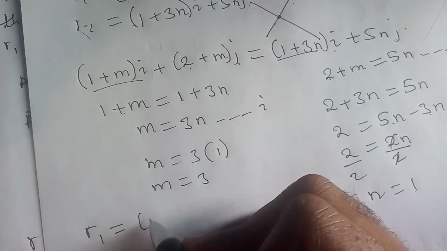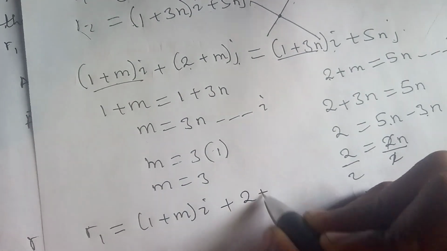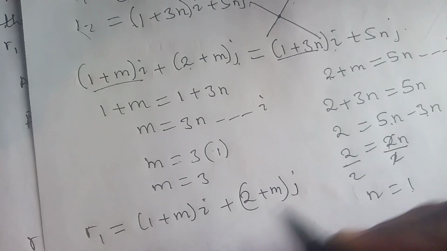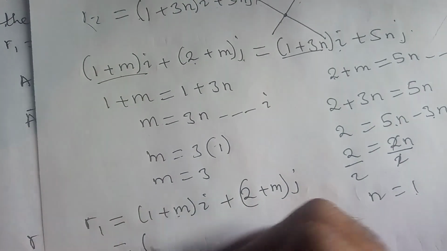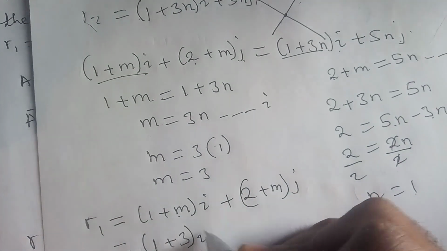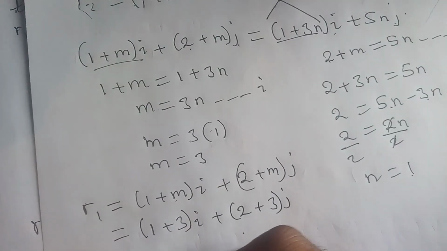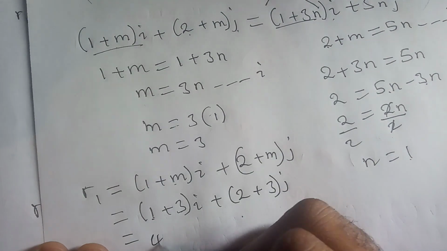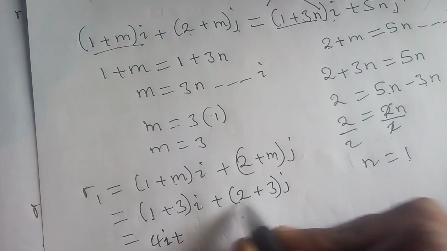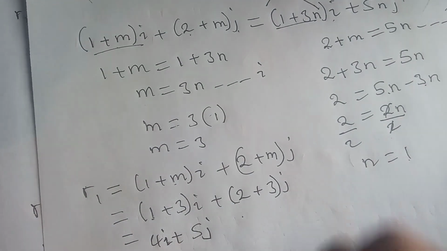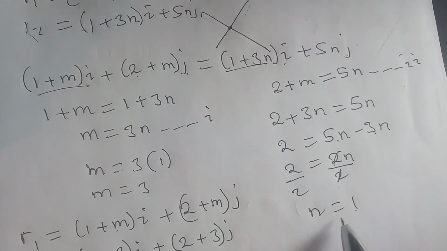So r1 is equal to this. If I substitute my m here, then I'll get this. This plus this will be 4i, and then plus this one will be 5j. So these are my coordinates. If you want, you can still use this.